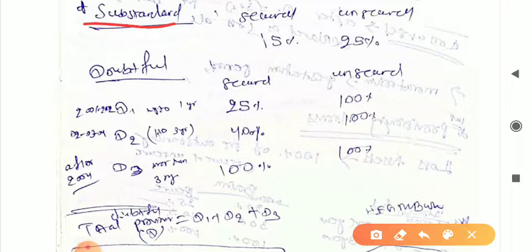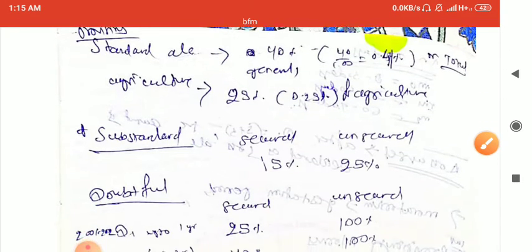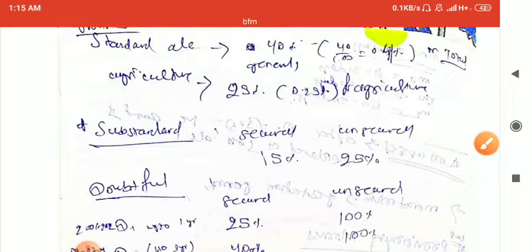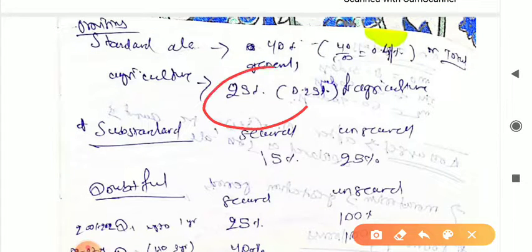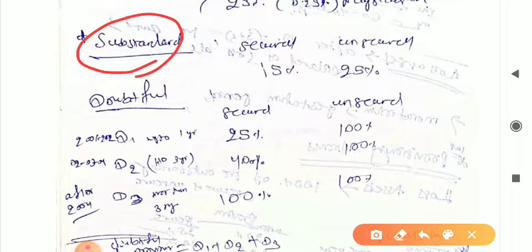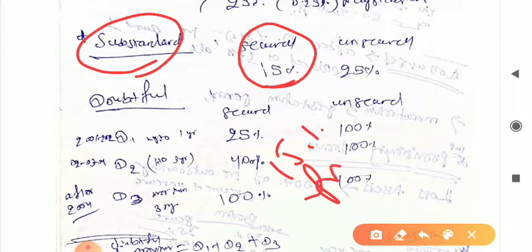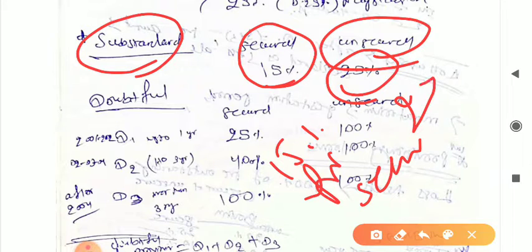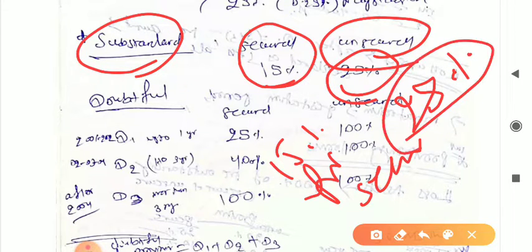So for standard accounts, you can see 0.40% general, and 0.25% for agriculture. Next one will be substandard. Here the provision is 15% for the secured and 25% for the unsecured, right?